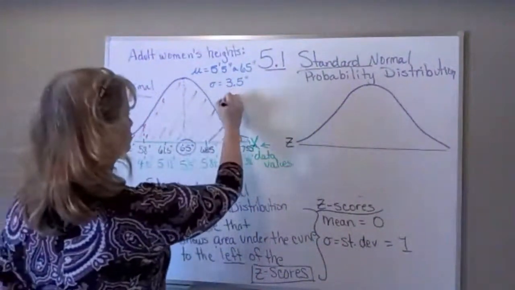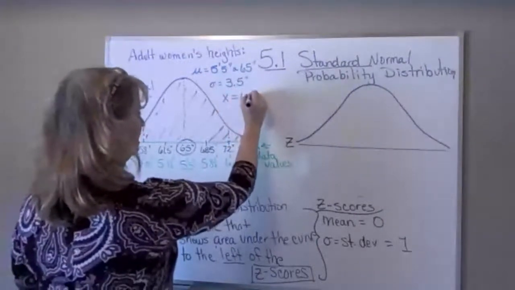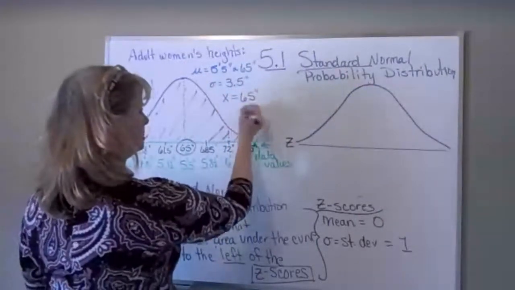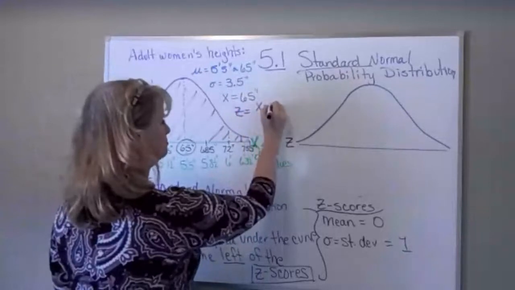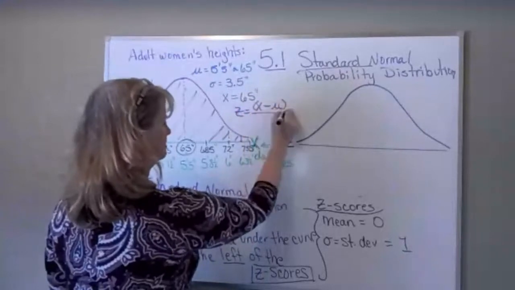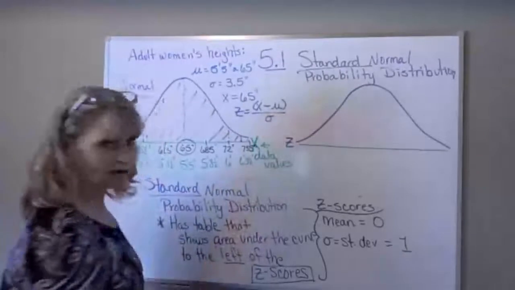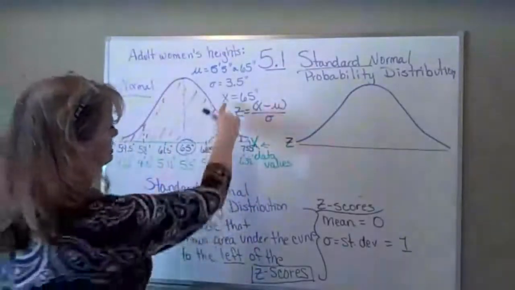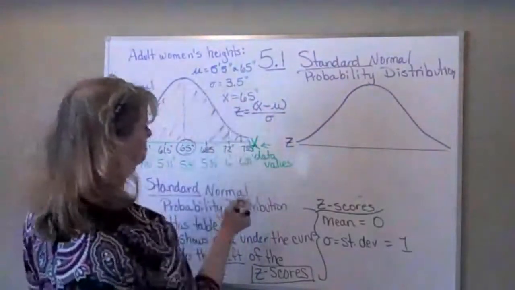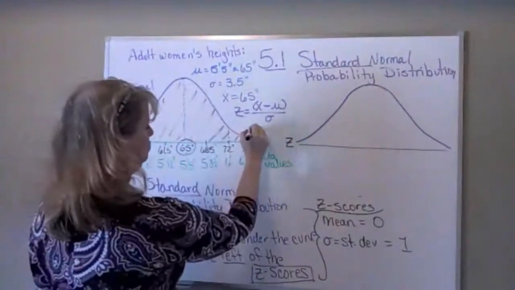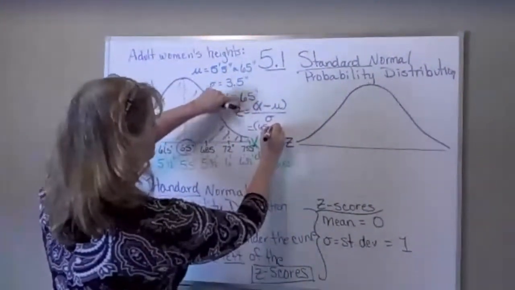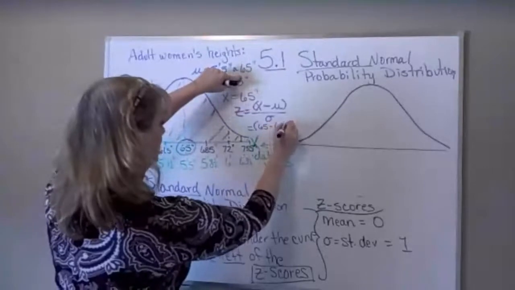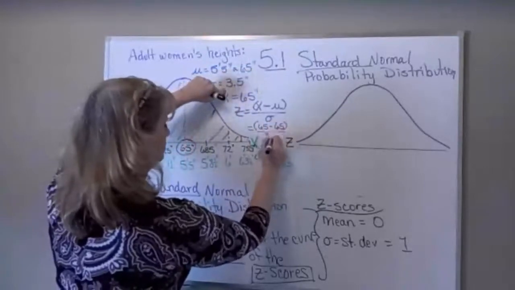If I did the z-score for a data value of 65 inches, remember our formula for z-score is you take the data value minus the mean and divide by the standard deviation. If I do the z-score for this using this information, then my z-score would be, the data value 65 minus the mean, which is also 65, divided by 3.5.